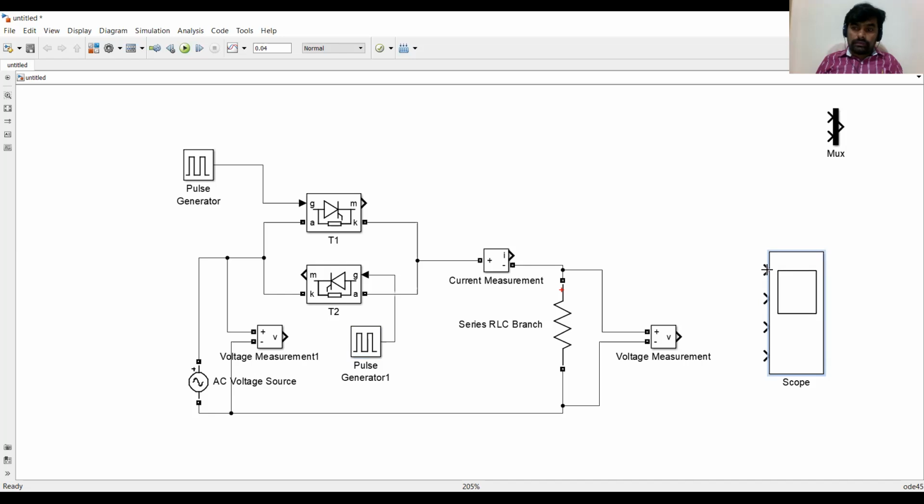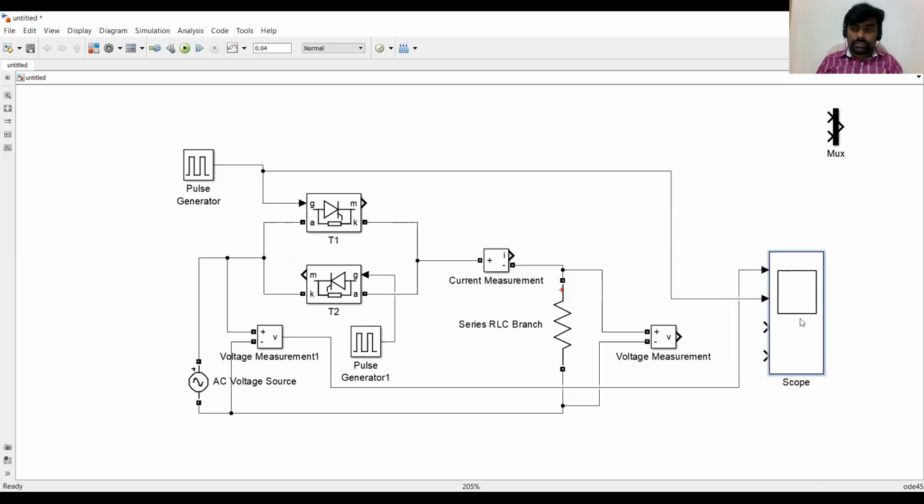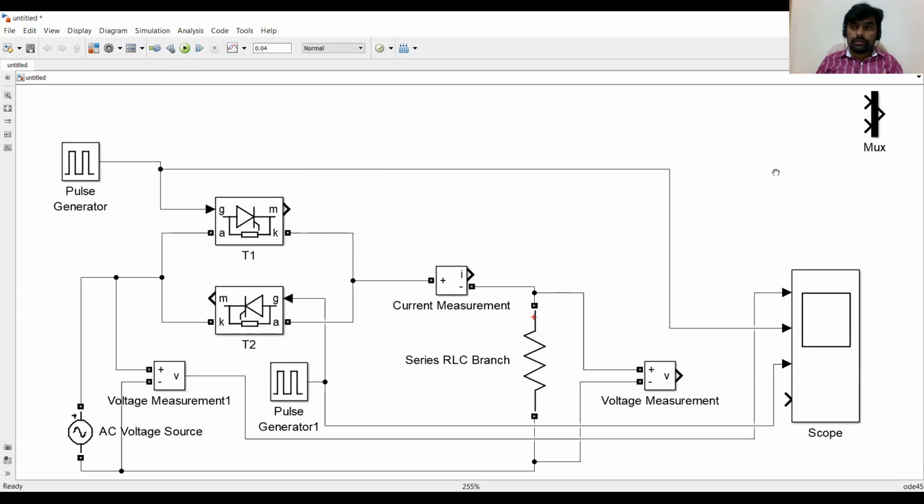Here the first one is the input voltage waveform. Second one is the firing pulse given to thyristor T1. Third one is the firing pulse given to T2, which will control the negative half cycle. And the last one, I will take from a mux. There are two inputs to the mux: one is the output current, the second is the output voltage, and that is given to the scope.